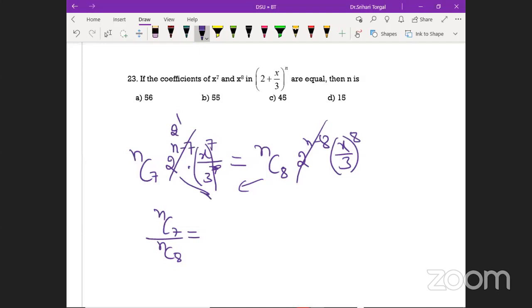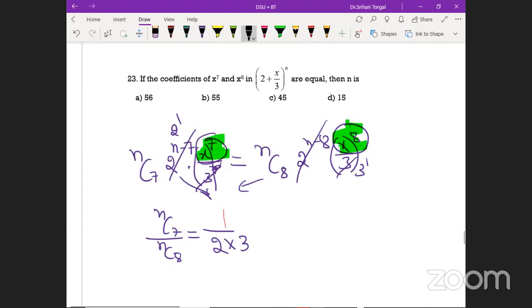That I will take to the denominator, 2 here like this. And 3 power 8 by 3 power 7. If I cancel this, that will be left with 3. That will be here only. And yeah, you have to take the coefficient of these two. You should not consider x power 7 and x power 8. You have to leave that. Okay. Now this will be 1.